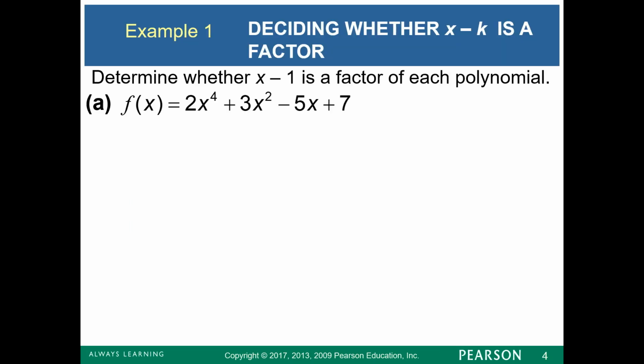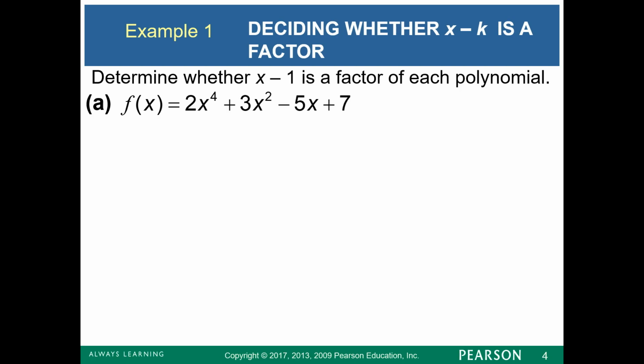Okay, so determine whether x minus 1 is a factor of each polynomial. If x minus 1 is a factor, then you just need to find f(1), because the value of k is 1. So you find f(1). If f(1) is 0, x minus 1 is a factor.